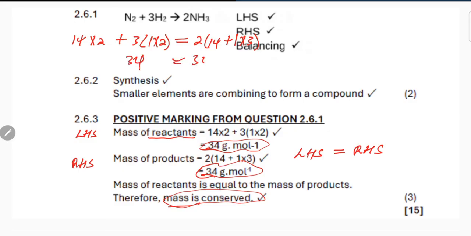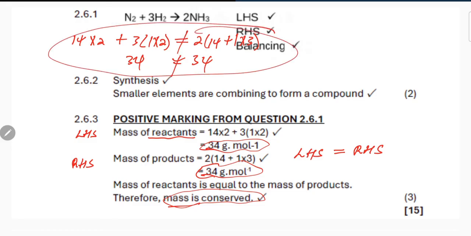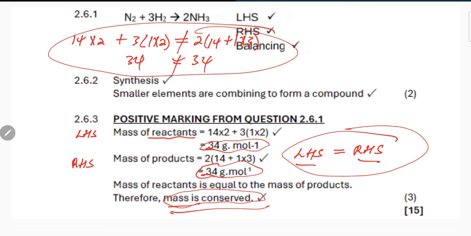This side is 34. So this is incorrect. You don't start by concluding. You calculate the left hand side separately, the right hand side separately. Therefore, in conclusion, you're going to say left hand side is equal to right hand side. The mass is conserved. Okay.